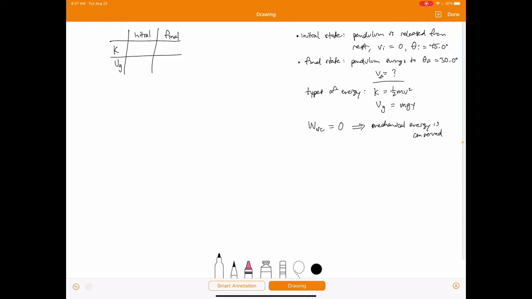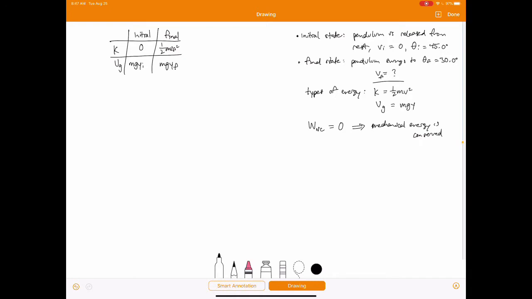So initially, there is no kinetic energy because the speed is equal to 0. If we wanted to state what the initial potential energy was, we could just simply say mgy initial. The final kinetic energy would be 1/2 mv final squared, and the final potential energy would be mgy final.